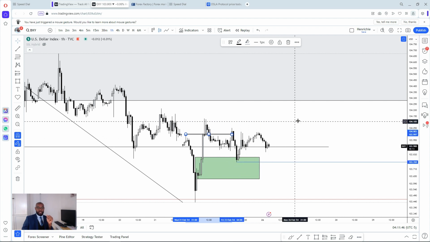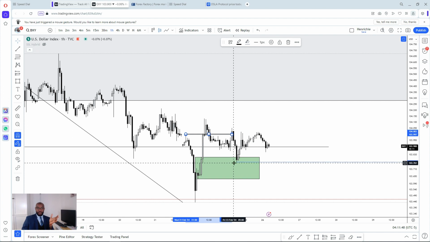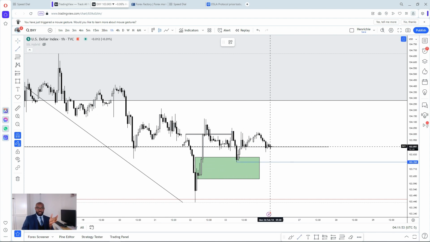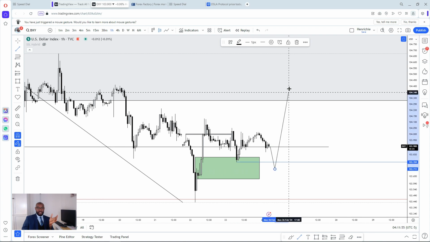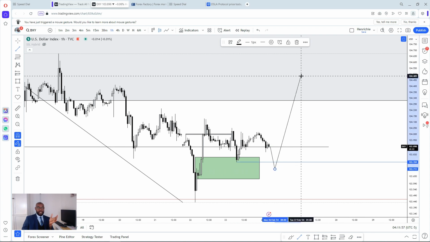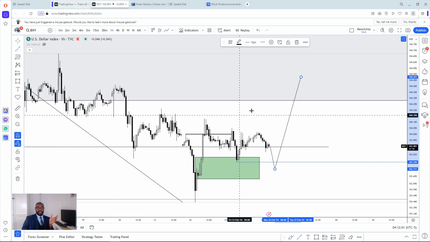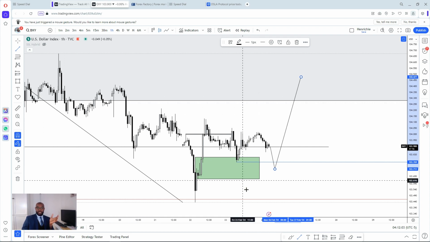We saw this rejection. So two things are involved. It's either we're going to want to run a sell side liquidity, be in this position. It's either price will want to run it and then go to the upside, at least into this inefficiency. This could be the drawn liquidity to attract price to the upside.